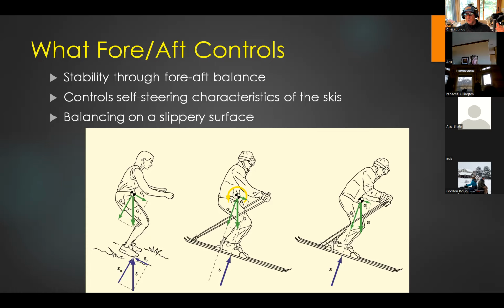But as soon as you start moving on skis, that same posture can't be kept anymore. If we did that, the skis would move faster than the body would. They would outrace our body. So we have to position our body in that third figure so that we're over the equipment, to allow the body to move with the equipment instead of allowing the skis to move out from underneath us.